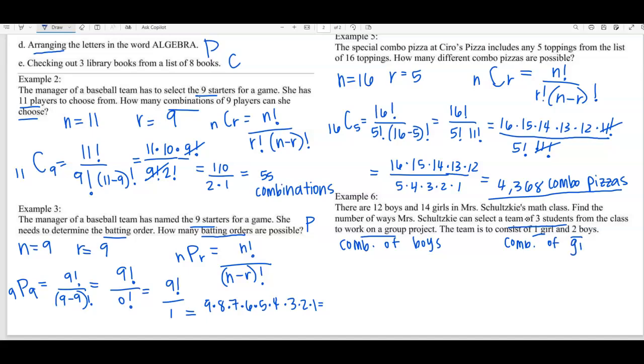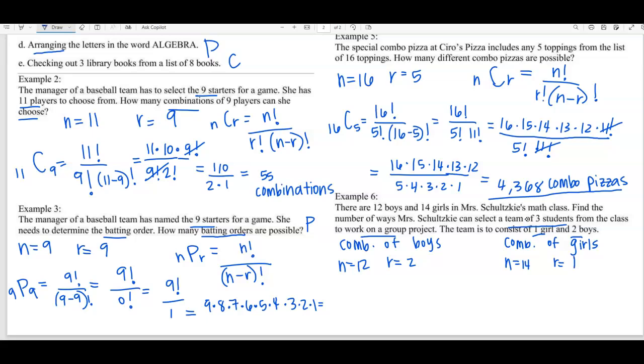It's not the same because they had a restriction where the team has to be 1 girl and 2 boys. For boys, the total is 12, and the number I want is 2 boys. For girls, the total number of girls is 14, and the number I want is 1.